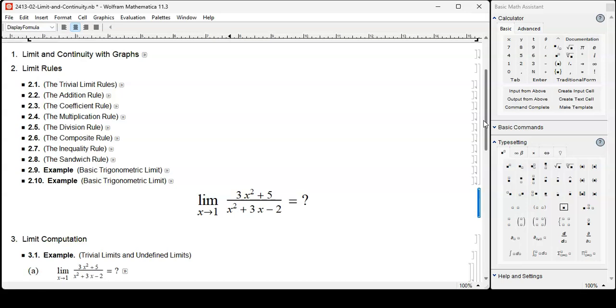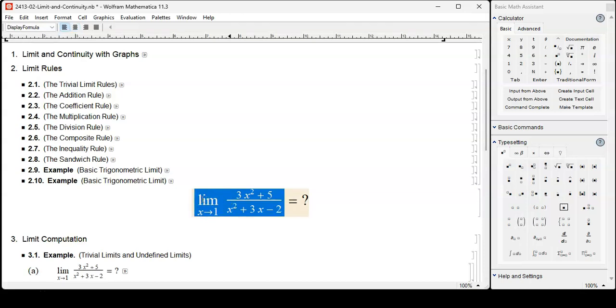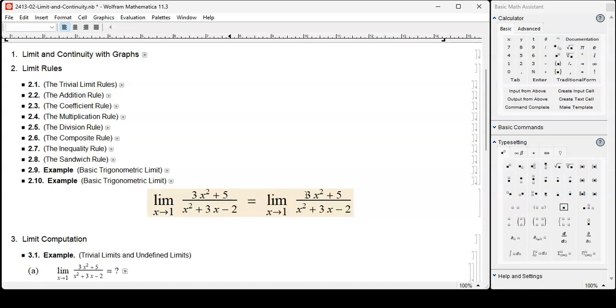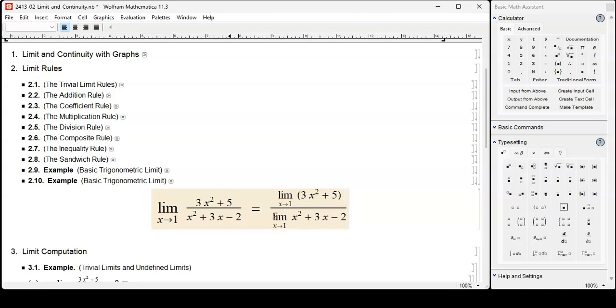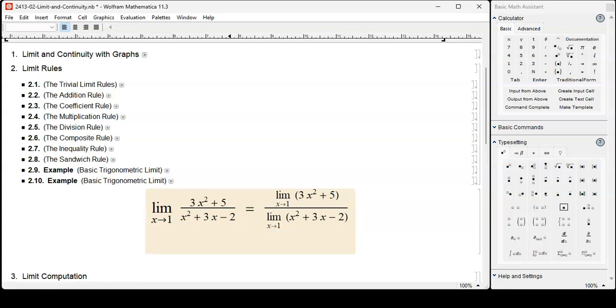Well, you can use the division rule. The limit of this fraction is the fraction of the limits. So we have the limit of this over the limit of that. That's how we can use a limit rule.